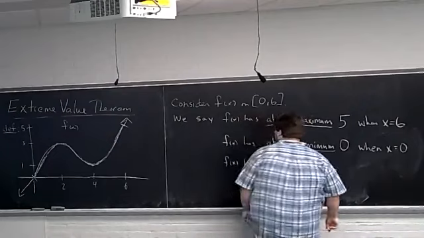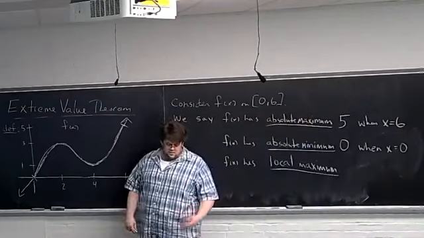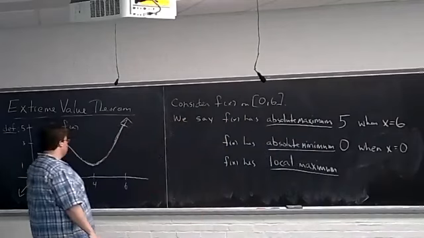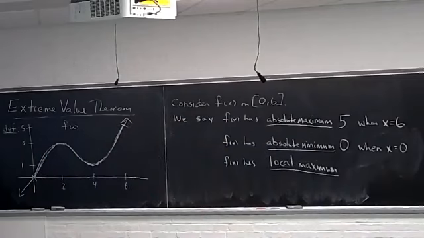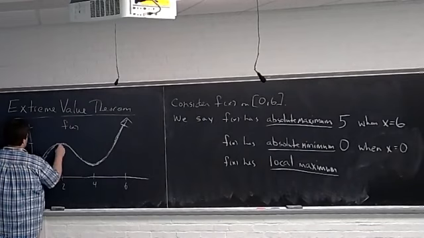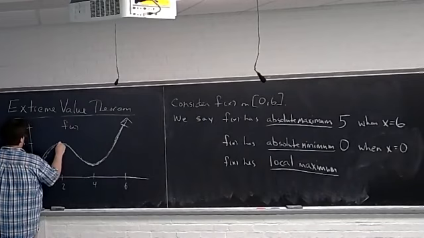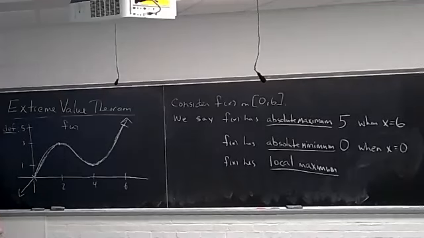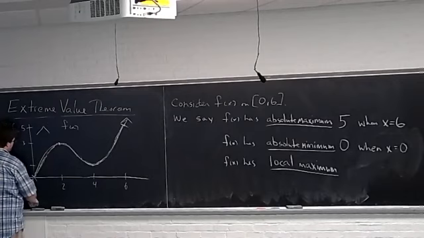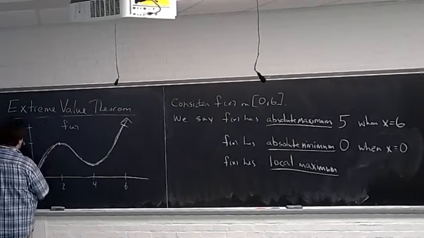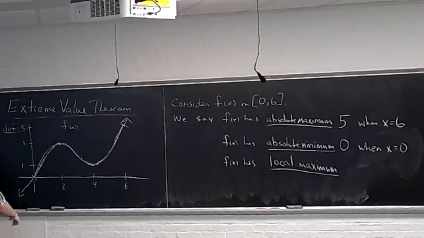We say f of x has local maximum. Now, a little more on local in a moment. But for here, we'll just say a local maximum will occur at a point like this, where it's at the top of some sort of mound. It could be a pointed mound, like an absolute value mound. But when we have that point occurring at the top of a mound, we're going to call that a local maximum.